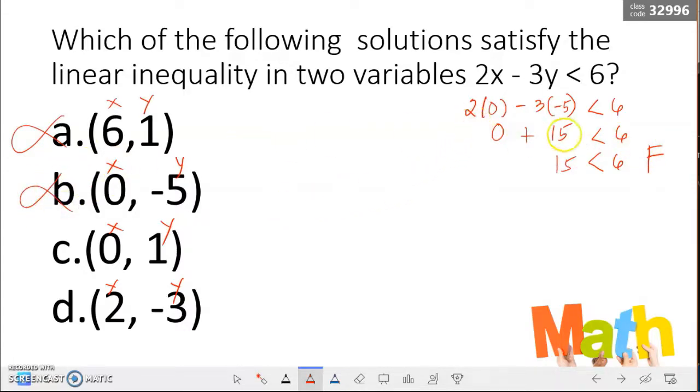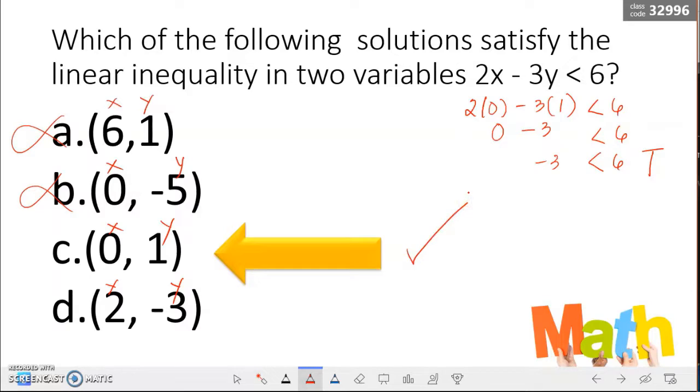Letter C, x is still 0, and instead of negative 5, y is now 1. So, negative 3 times 1 is negative 3. Here we have negative 3 is less than 6. It's true. Okay, it's true now. So we no longer need to do letter D. Let's see if it's correct. Letter C, correct. Next.